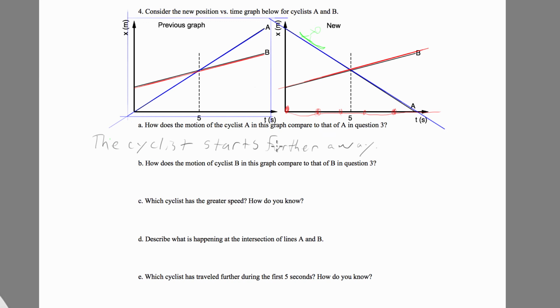I believe farther applies to distance, and I think it's farther. Someone will correct me on that, I'm sure. Cyclist A starts farther away, and the other thing different is not just his initial location, he's also moving in the negative direction, or a negative direction.